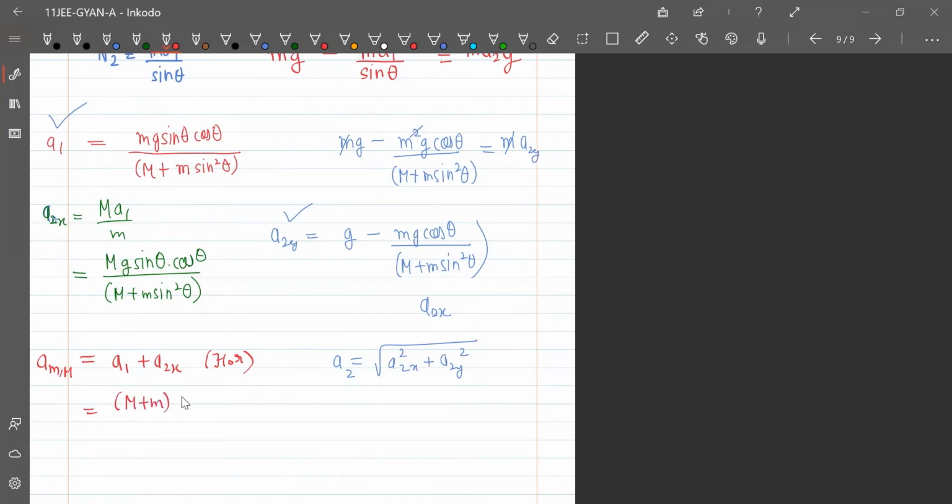That will be (M plus m) g sin theta cos theta divided by M plus m sin square theta. Right. Note this down.